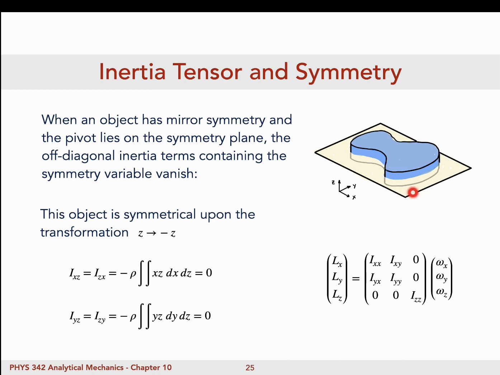If it is symmetric through a transformation where you switch z with negative z, then the off-diagonal terms that include a z go to 0. So if you had a symmetry plane through the x-axis, then it's the off-diagonal elements that include an x. Those would be the terms that go to 0.